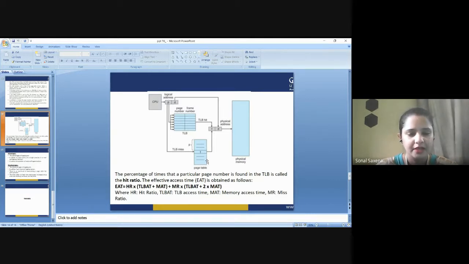Then added to this is MR, which is the miss ratio, multiplied by TLB access time plus 2 into memory access time. So you need to memorize this formula so as to get the effective access time for each page, how much time it has taken. However, it is very low because it is a speedy memory. Just understand, you can note this formula down, which will help you out in solving the numericals.